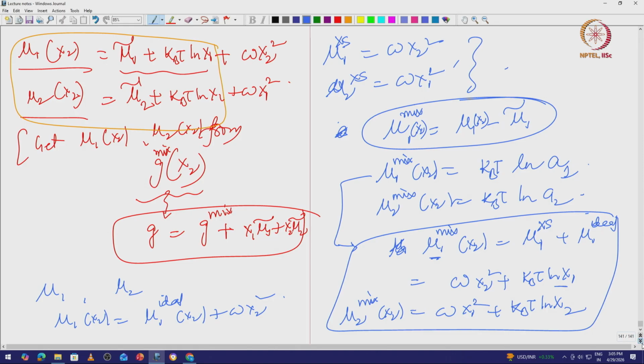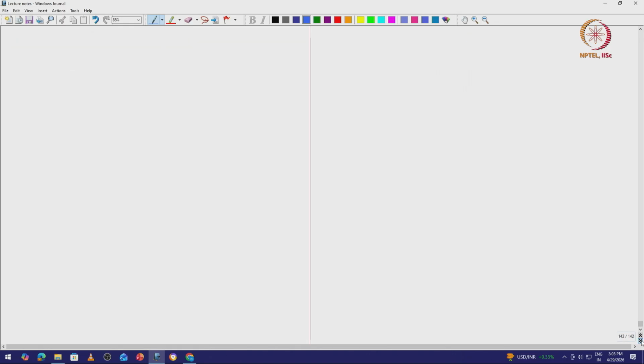Okay. Now, I am going to define another quantity, right. So, I said mu1 mix is kBT ln A1, right. Now, A1 itself I am going to say is related to what is called the activity coefficient gamma 1 times x1, right. So, similarly, A2 is the activity coefficient gamma 2 times x2. Right.